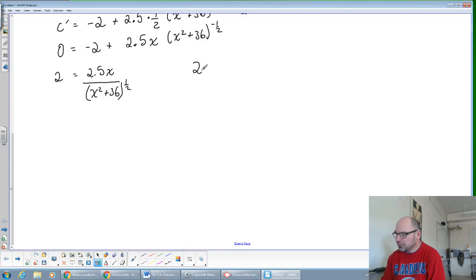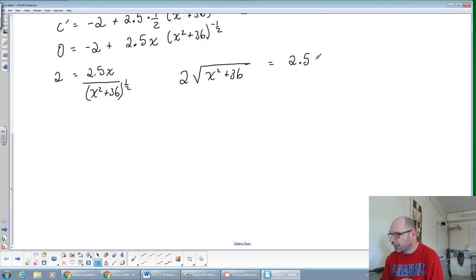So 2 times the square root of x squared plus 36 equals 2.5x.